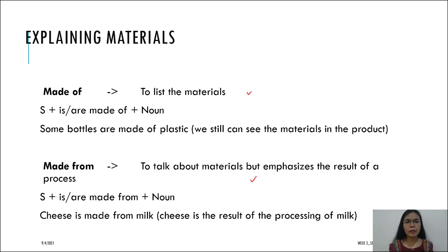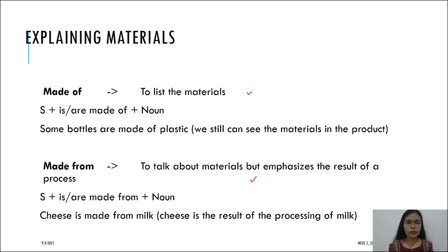Okay, so made of is used when you can still find the materials; it's only to list down the materials. For example, you say some bottles are made of plastics, and you can still see the materials in the end product.